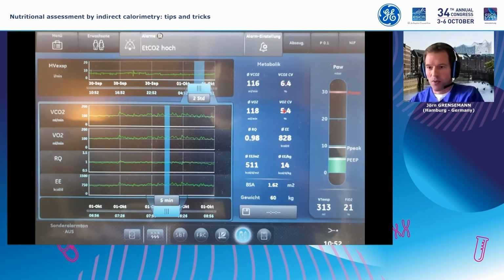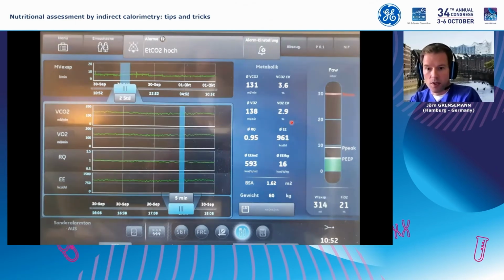To be honest with you, I thought this would be a valid measurement. Probably I should have picked a different point. Maybe here you see that the carbon dioxide release was far more stable than here, and the same is true for oxygen uptake. And we have only 14 kilocalories per day per kilogram.